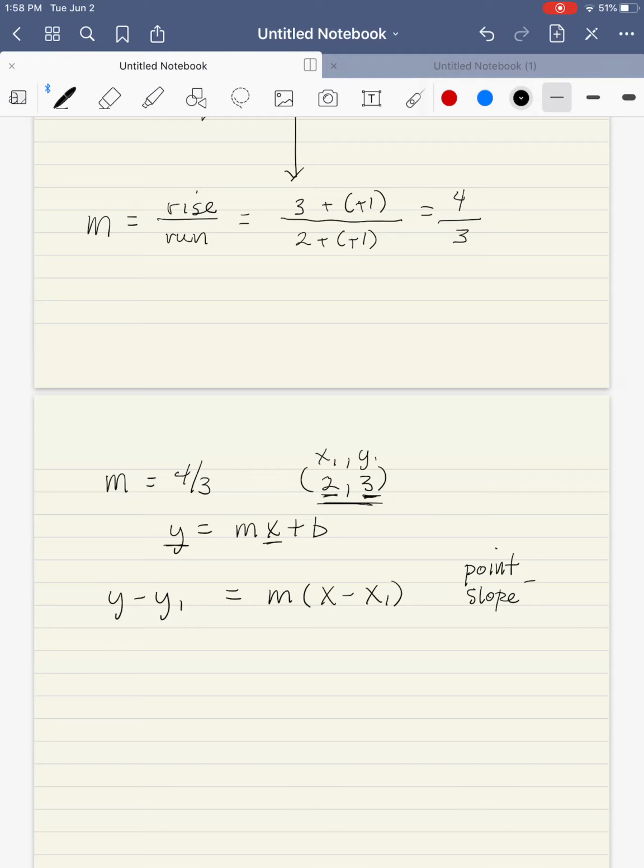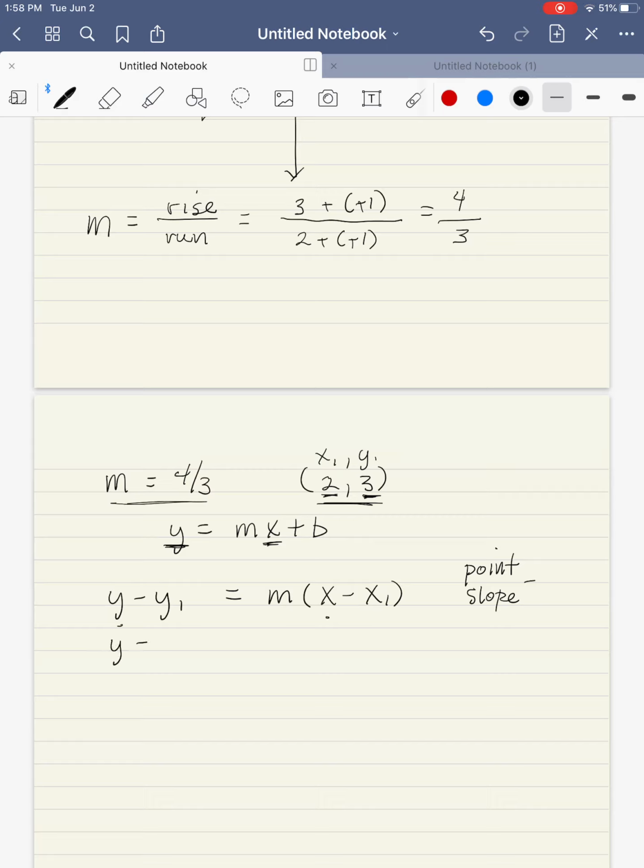This point that's given is going to be my x1, y1. My m is my slope that's given, and the x and the y in the formula are just the x and the y that remain in the equation of the line.